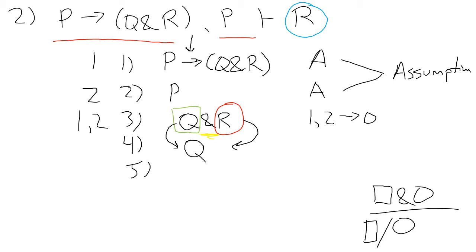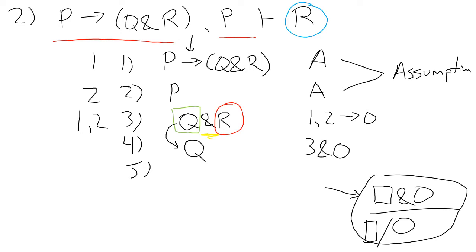You definitely can because that's what the rule says. This rule says that if you have an ampersand, you can take either side. So if you want to write Q here in this line, you'd still cite 3 and out and 1 and 2. Now that's not our conclusion, but you can write it.